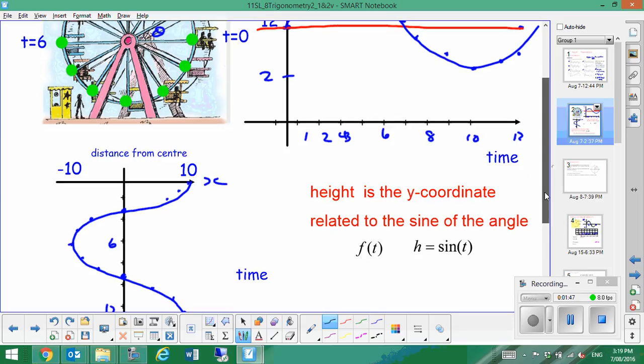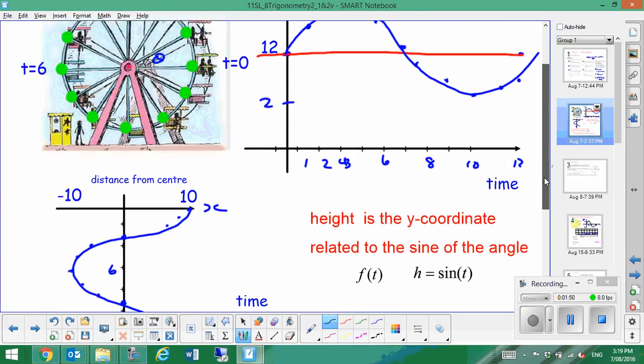We could have then looked at the distance from the centre. So we looked at how far from the centre the little carriage was. If you're imagining someone down here looking upwards, then the carriage starts off on this side at plus 10, and as it moves up over the top, it's getting closer to the centre, then goes to the other side at minus 10, comes back to the centre.